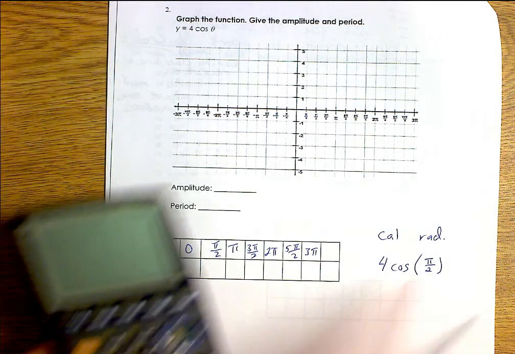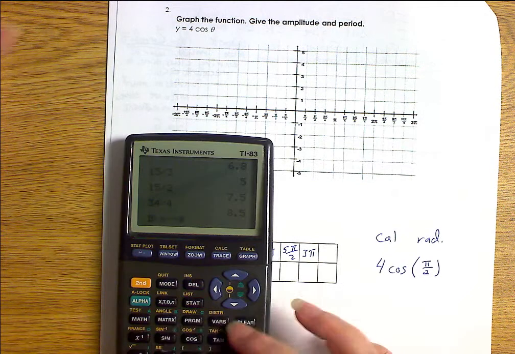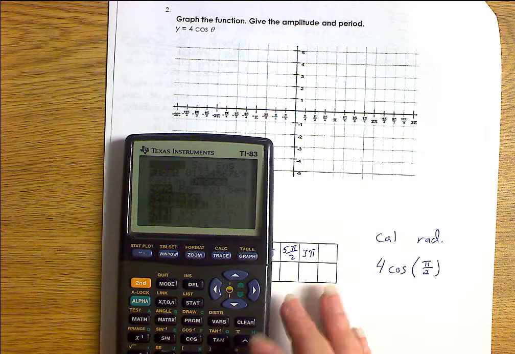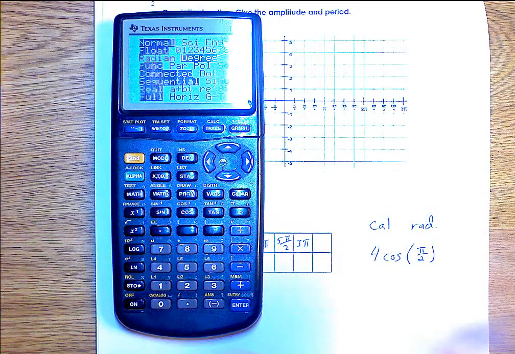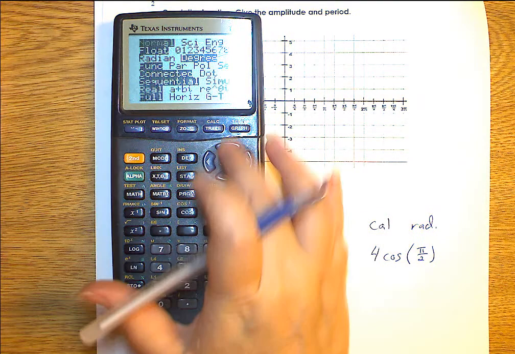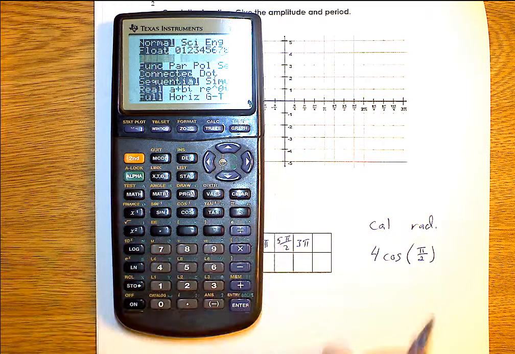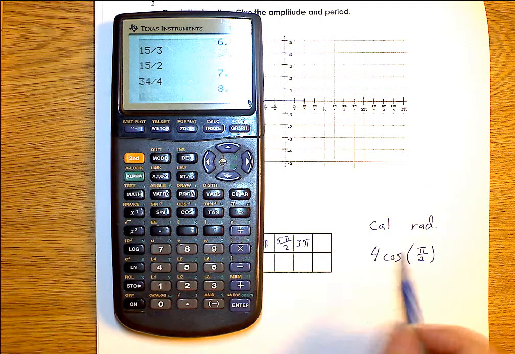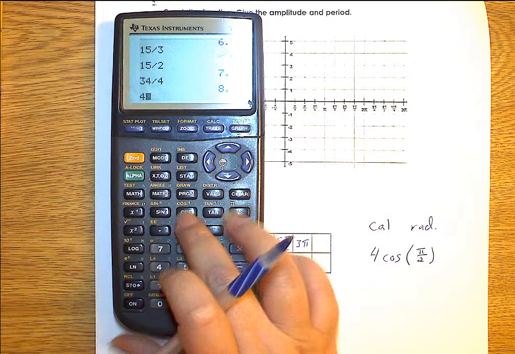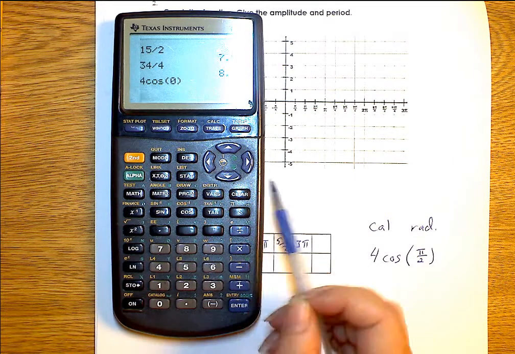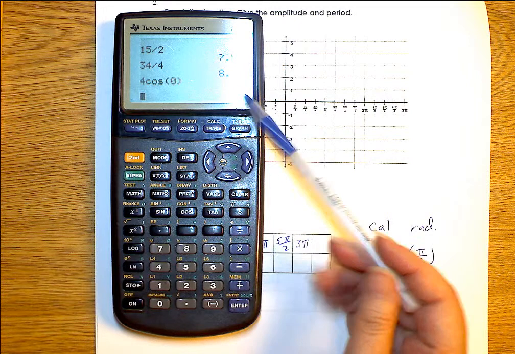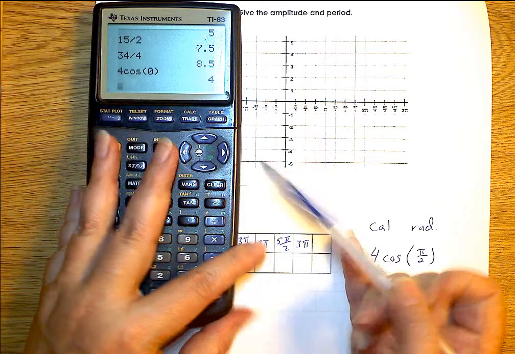On my calculator, I have to push mode and put it in radian. Then I second quit out of that and go 4 cosine of 0, and I get a 4.